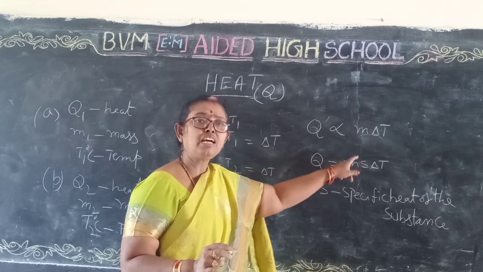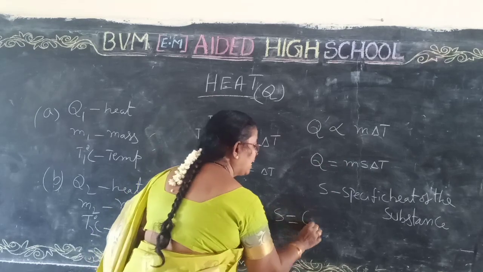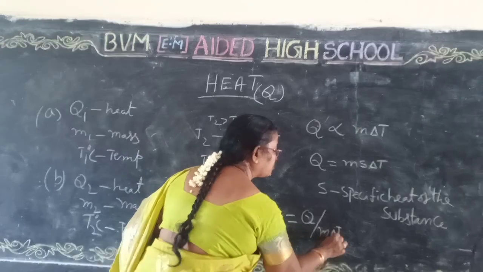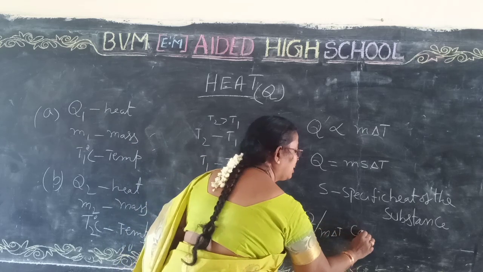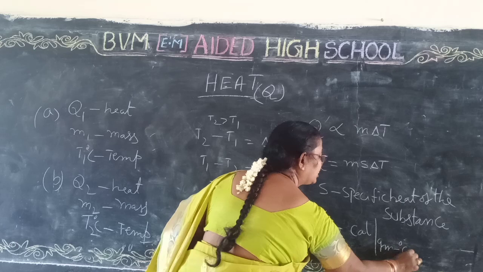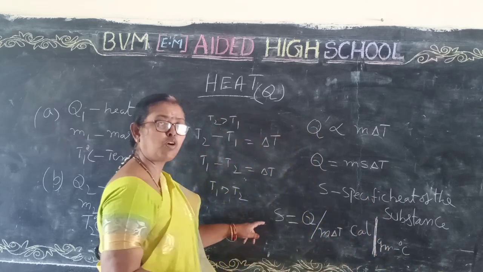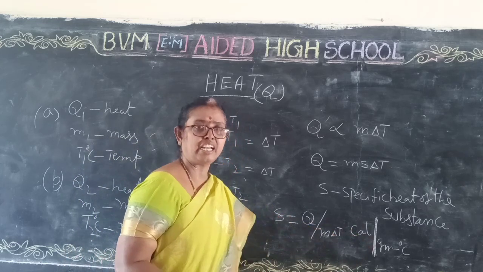To find the units of S, we write S = Q by M delta T. That is, we write it as calorie per gram degree centigrade. So the unit of specific heat is calorie per gram degree centigrade.